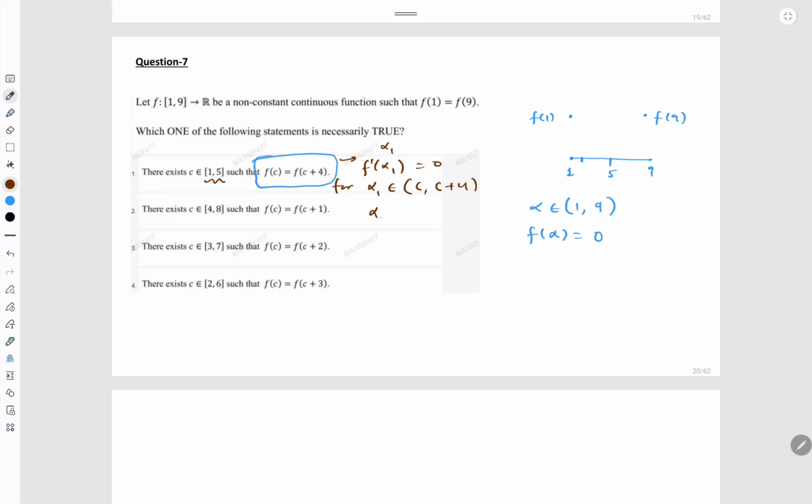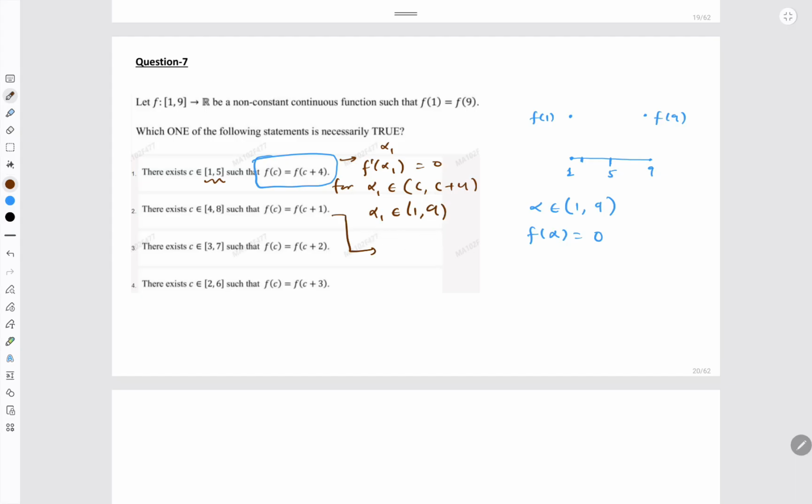So if I take c as 1, it will be 1 to 5. If I take c as 5, it will be 5 to 9. So indirectly it is saying alpha 1 will belong to 1 to 9.